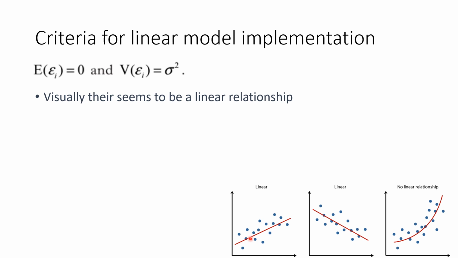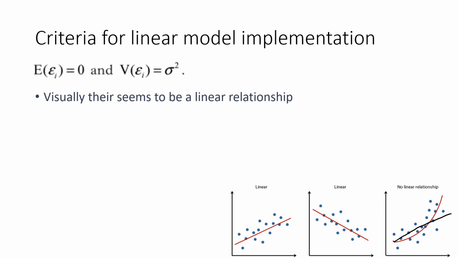Well, here you can see that there's a linear positive correlation. Here you can see there's a linear negative correlation. But here, there may be a positive correlation, but it's not linear, it's curved. So if we drew a best fit line here, first of all, it wouldn't be suited because it's not a linear relationship.